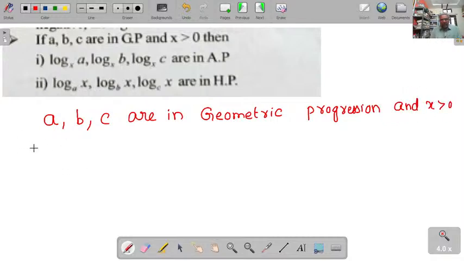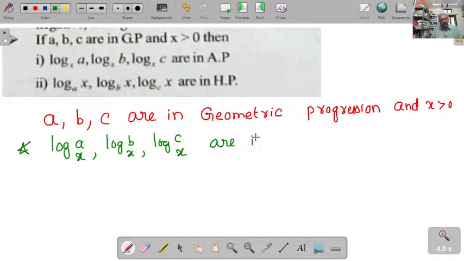If you apply the logarithm to each and every term of the geometric progression a, b, c, then what do we get? We get log a to the base x, log b to the base x, log c to the base x, which are obviously in arithmetic progression.